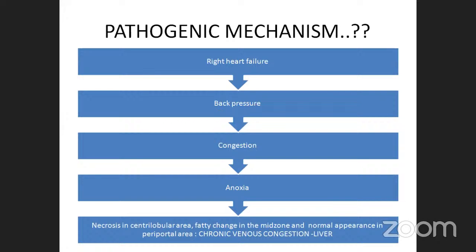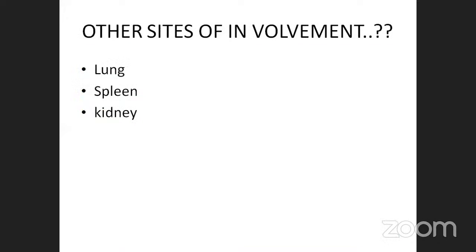In the mid zone you will get a fatty change, and the further peripheral zone is of normal appearance. So this is the pathogenesis of chronic venous congestion. Such changes can occur in other organs like the lungs, spleen, and kidneys.